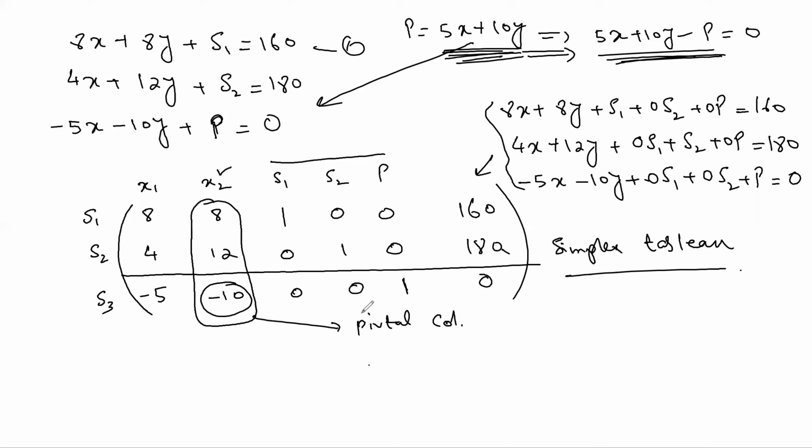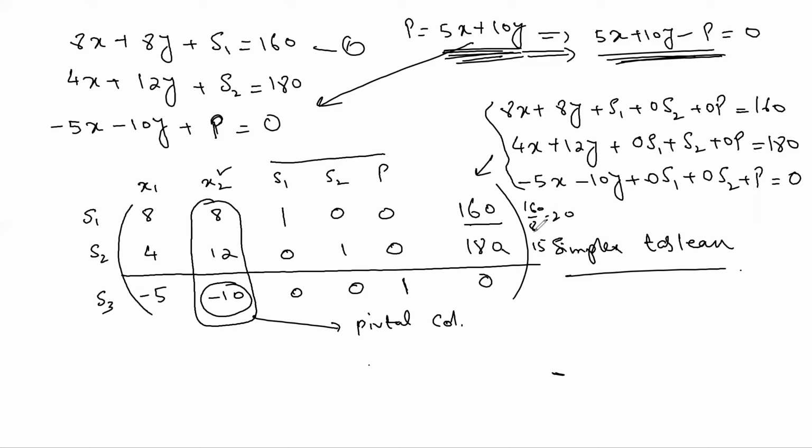Now we want to decide our pivotal row. With this column, look at this. Divide 160 by 8, you get 20, and divide 180 by 12, you will get 15.